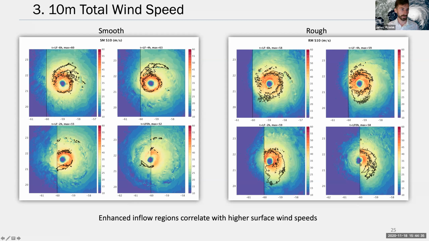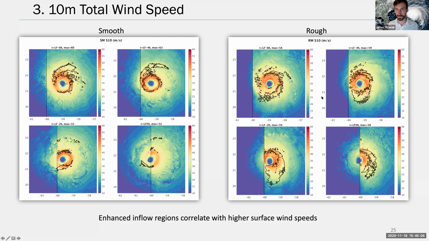And we see, especially for the smooth case, that inflow is really largest to the right of the storm. But then as it passes closer to land, inflow becomes stronger offshore. Another key point here is that this maximum wind speed in meters per second actually increases closer to land, and then decreases again by landfall.